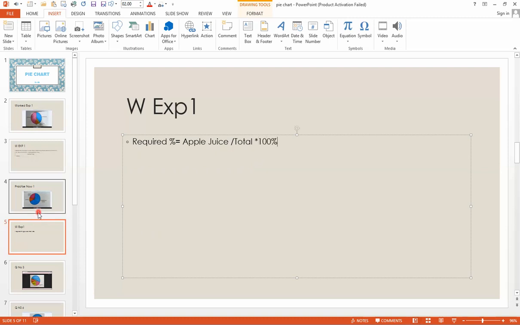Okay. According to the question, again, I have to repeat the question for you. They are saying, express the amount of apple juice. And what is the amount of apple juice? You have already found it out. And that apple juice is equal to 81.6 degree.